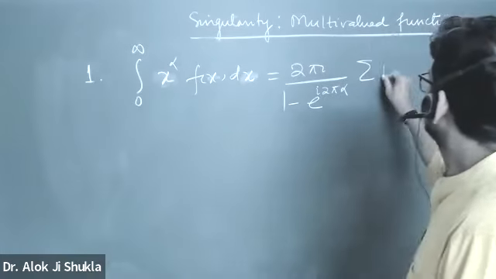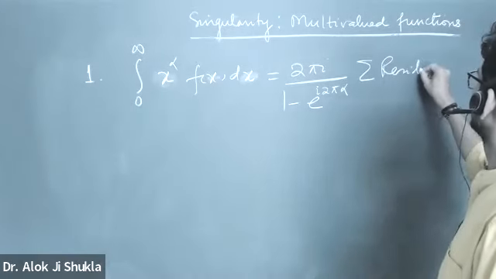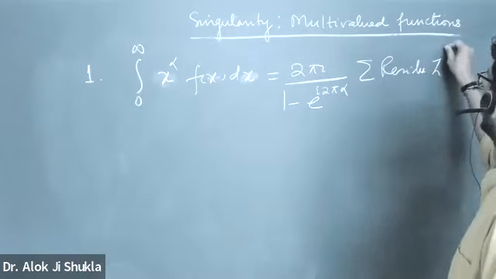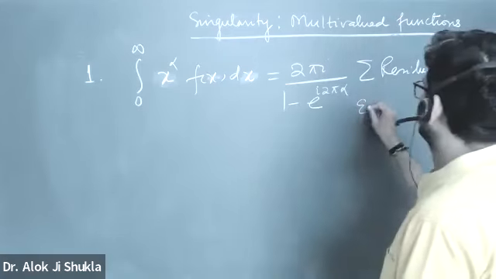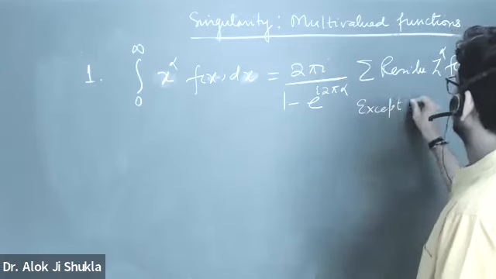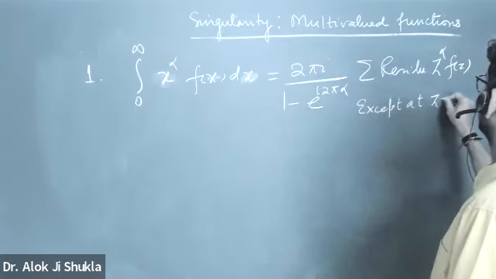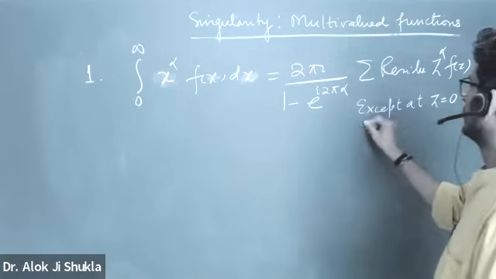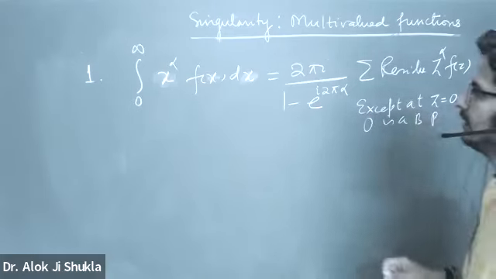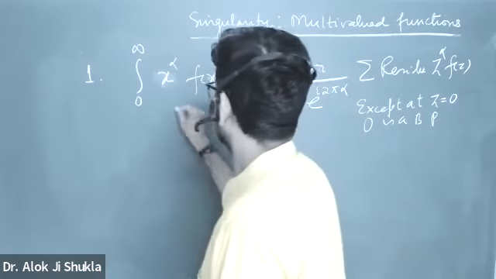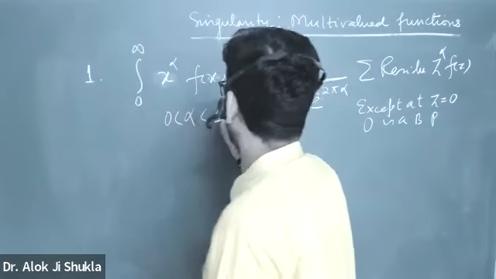of residue of z to the power alpha f(z), except at z is equal to 0. 0 is a branch point, and value of alpha is between 0 and 1.